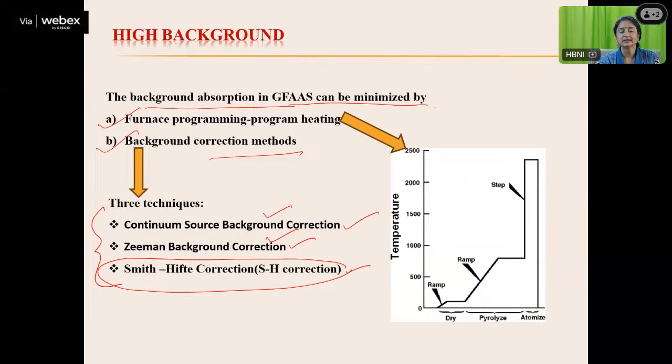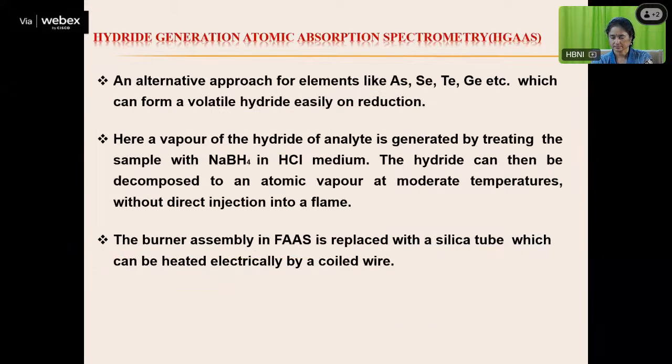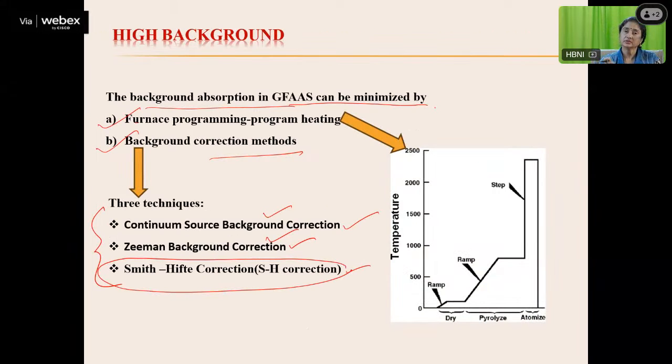So now let us see what furnace programming is. When you are putting something like 100 microliter of sample, you need to heat the sample in a stepwise manner so that at each and every step, your contaminants or whatever matrix elements are there are removed. Just start from when you are putting the sample. At that time the tube is around room temperature, like 25 to 30 degrees centigrade.